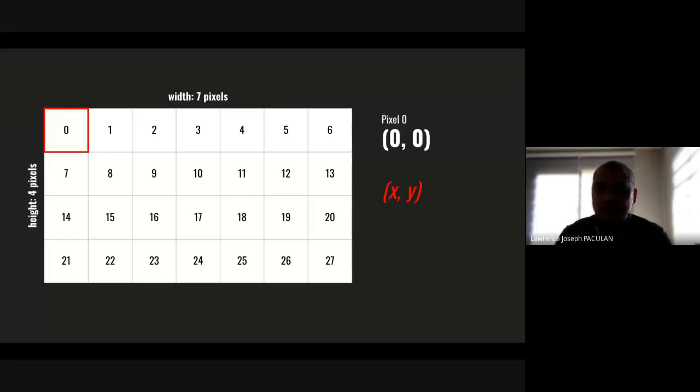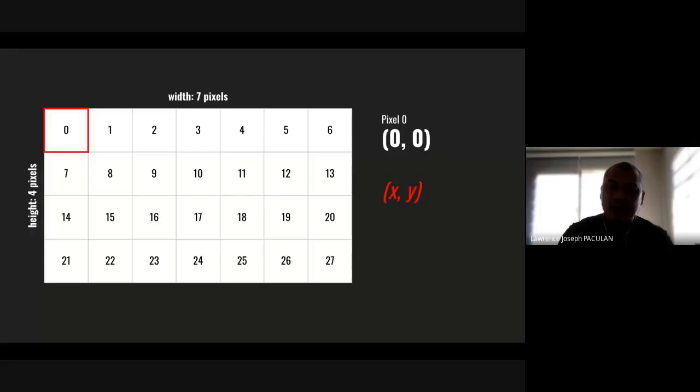Just some exercise. How do we locate a particular pixel given the width and height? It's important that we know the image's width and height in order to use that information when we decide where a pixel is located.